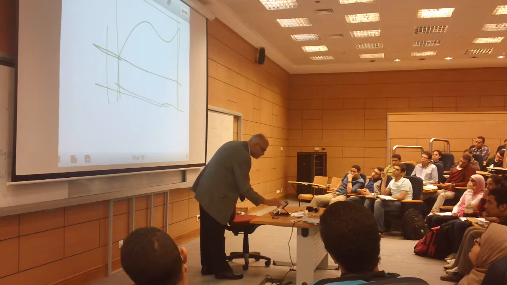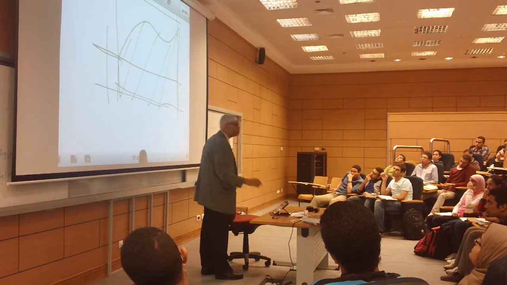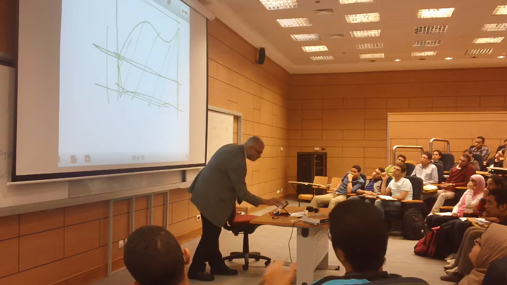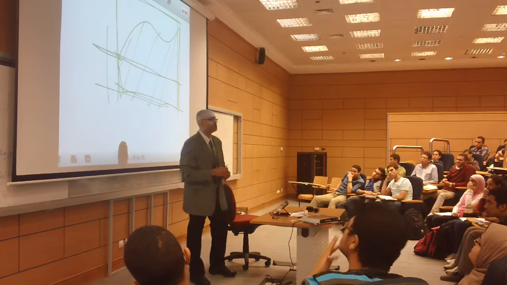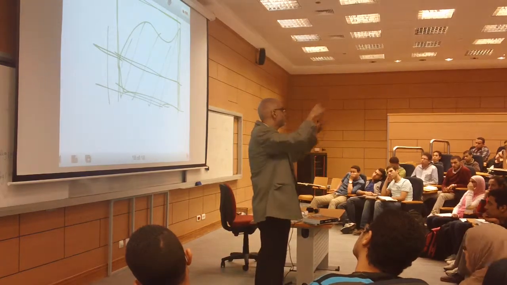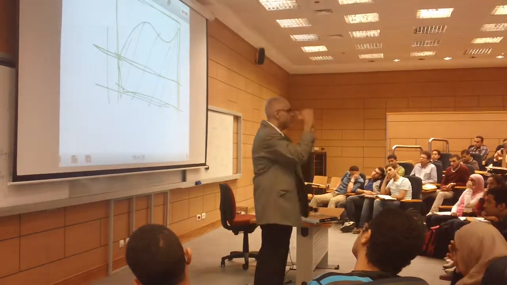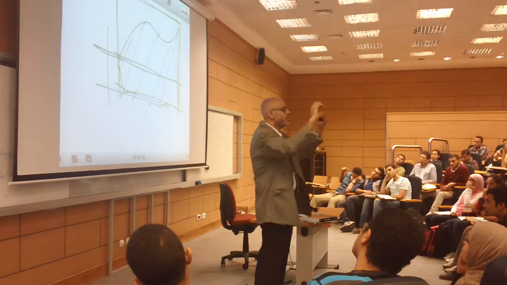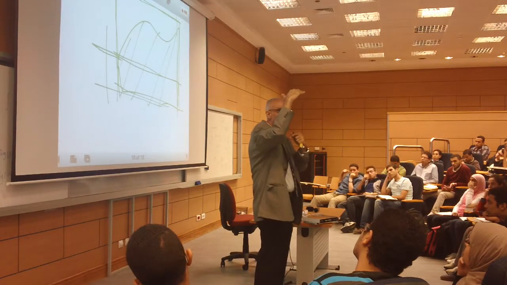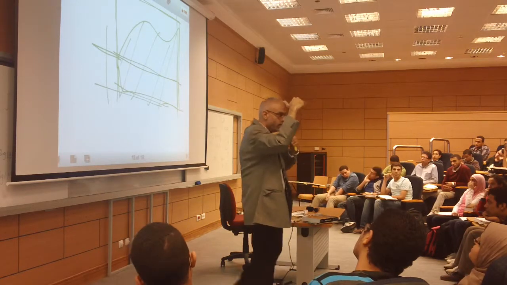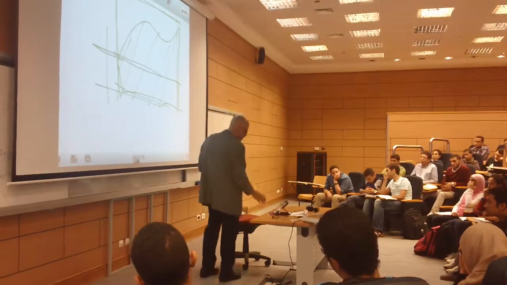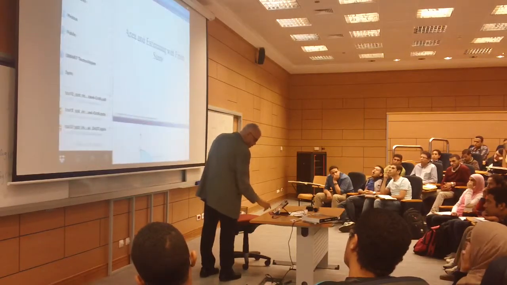The area under the function itself is somewhere between the minimum of the function over the interval and the maximum of the function over the same interval. If I take the maximum of the function over that interval, take the area of that rectangle. The minimum of the function over that interval, take the area under the rectangle. The actual area of the function is somewhere in between these two values.